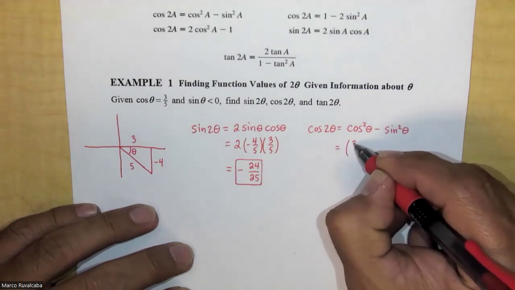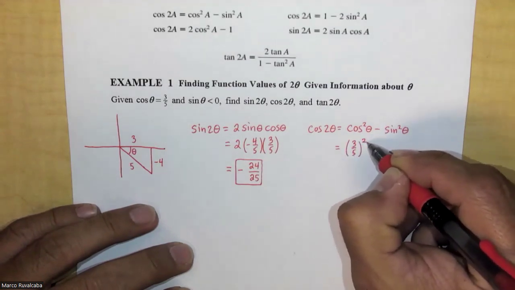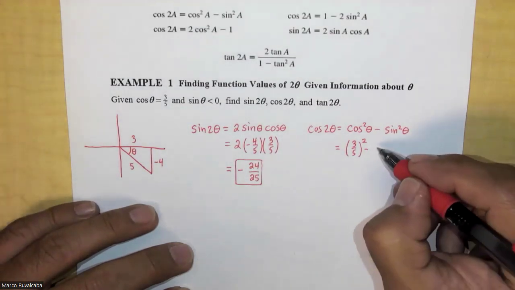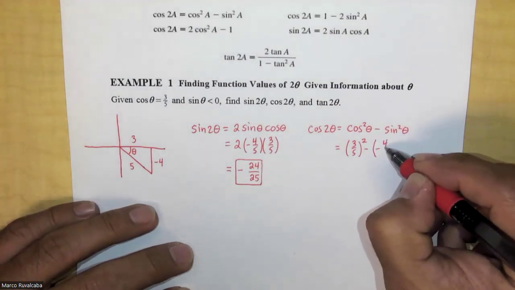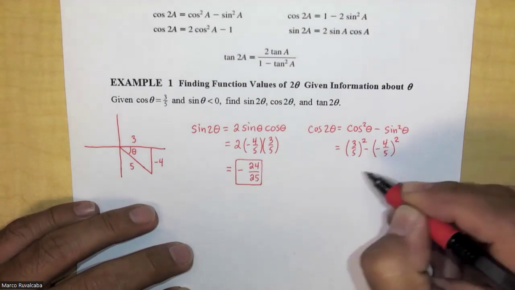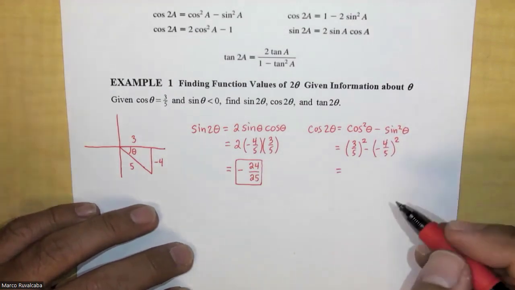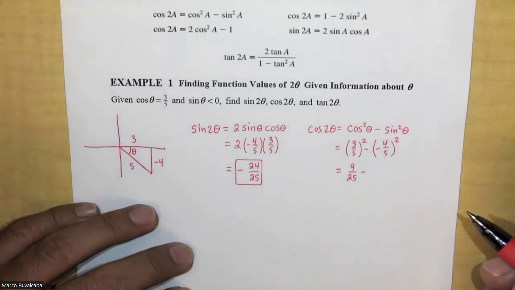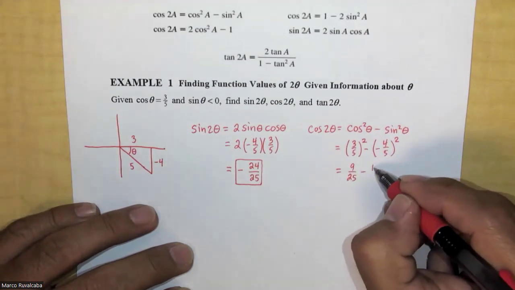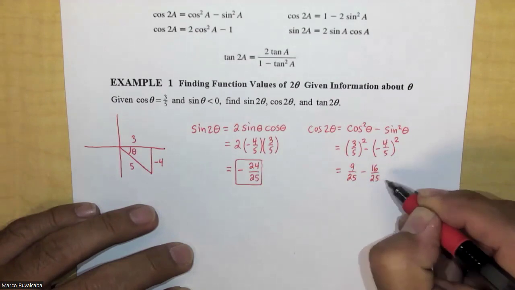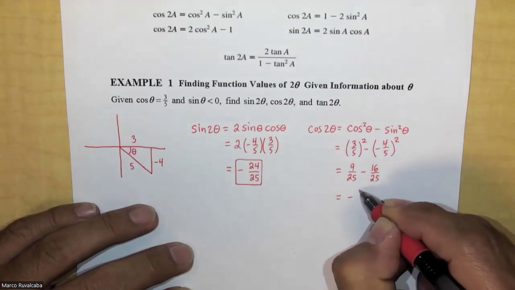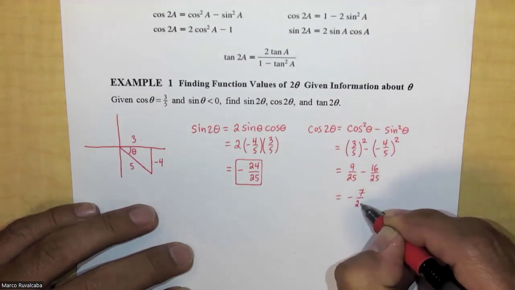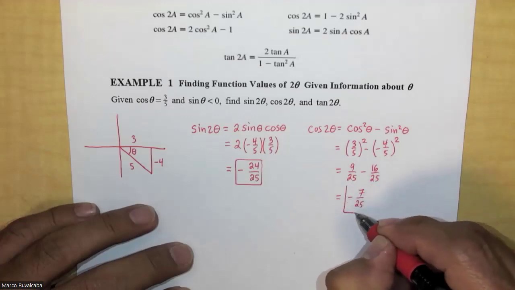Cosine is 3/5, so 3/5 squared. And sine, we just used it, negative 4/5 squared. And so that'll give you 9 over 25 minus 16 over 25. And 9 minus 16 is negative 7 over 25.